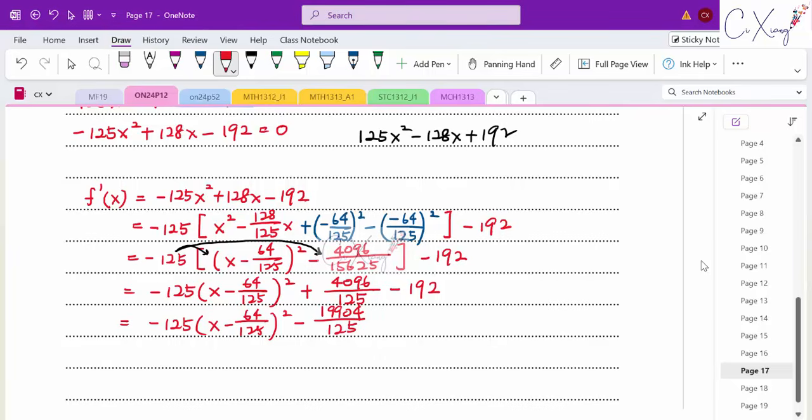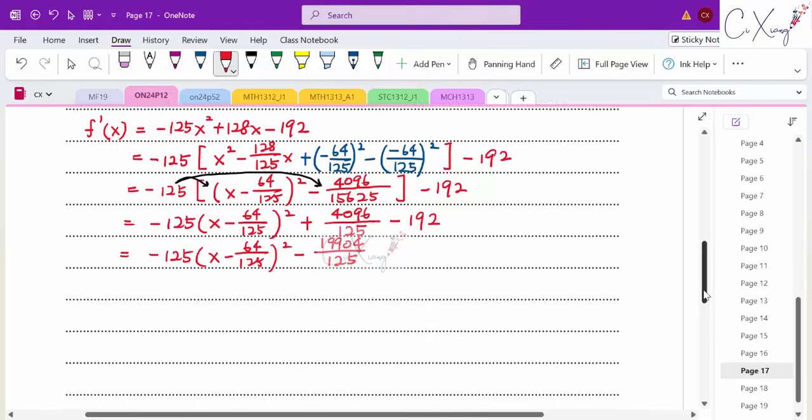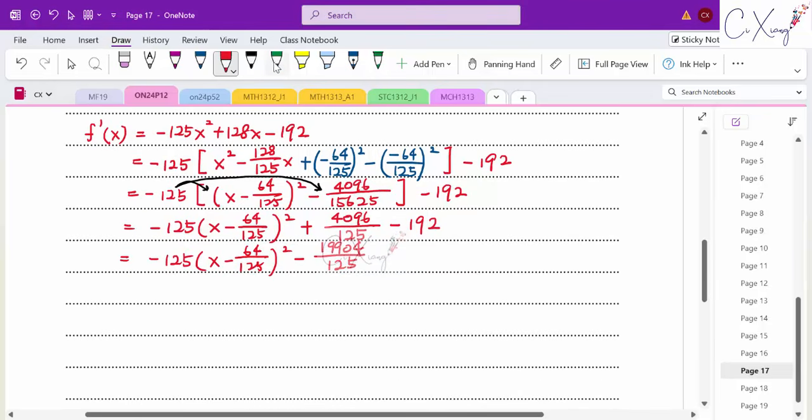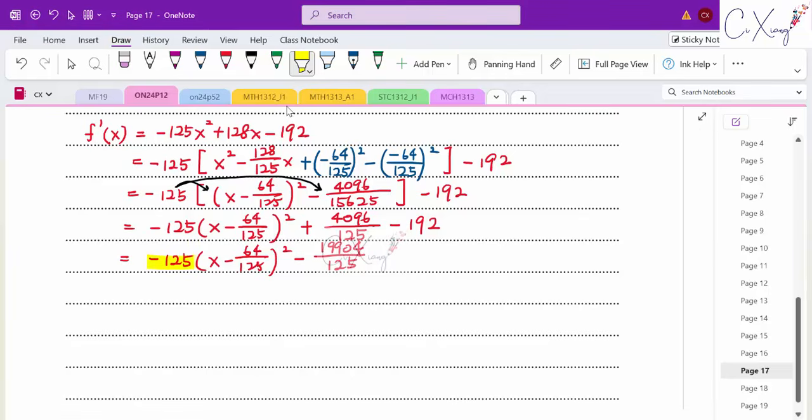So after I settle the complete square form, you can observe that when you have negative 125 multiplied with anything positive, it is always negative. Then you minus a positive number, it actually makes the whole expression negative, right?